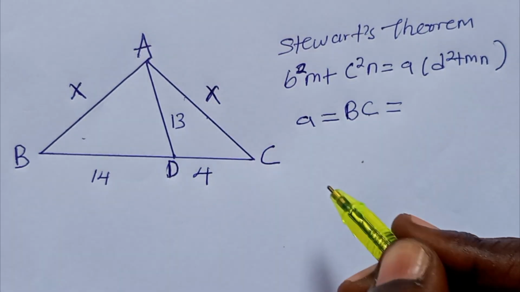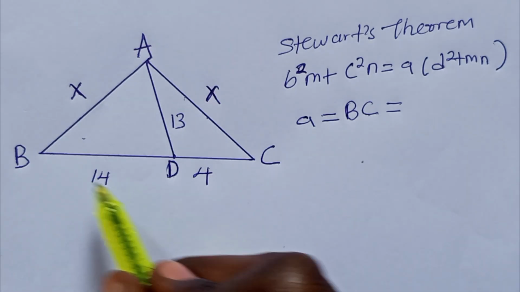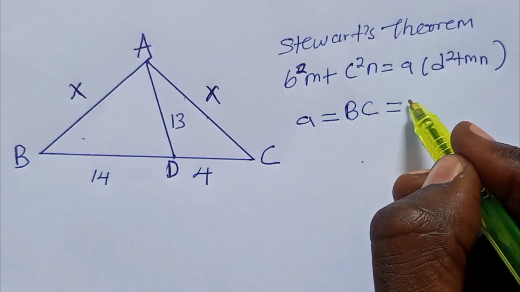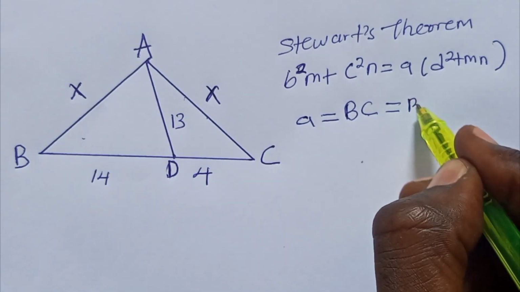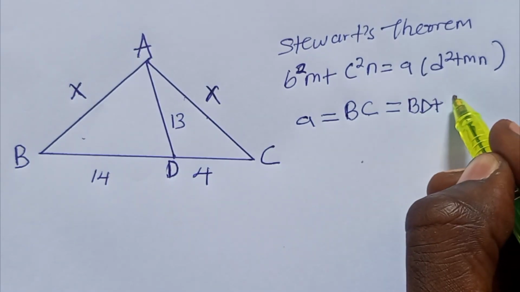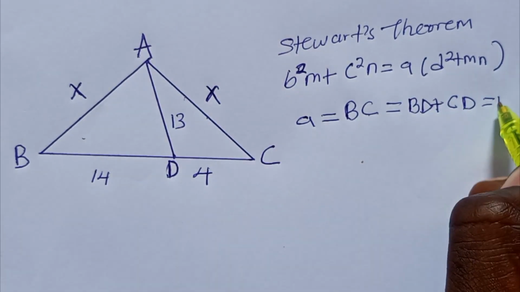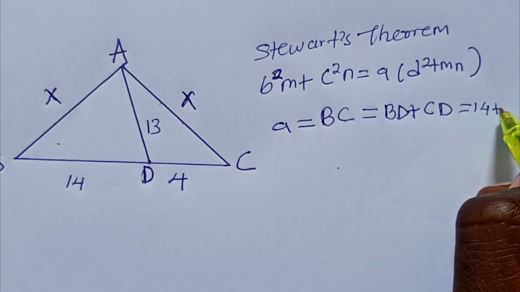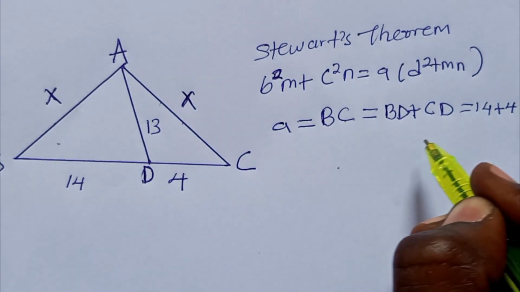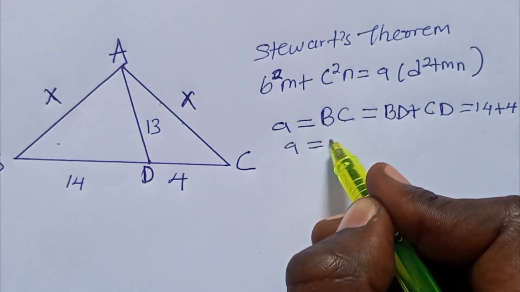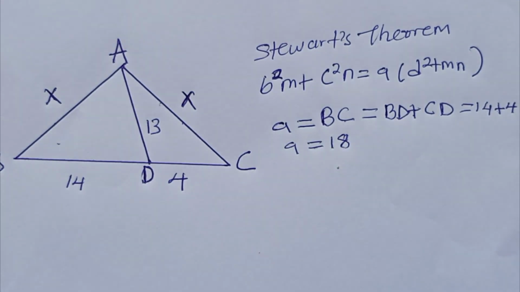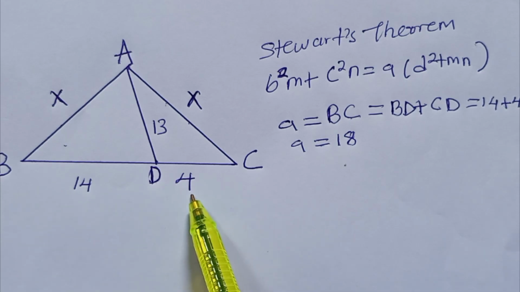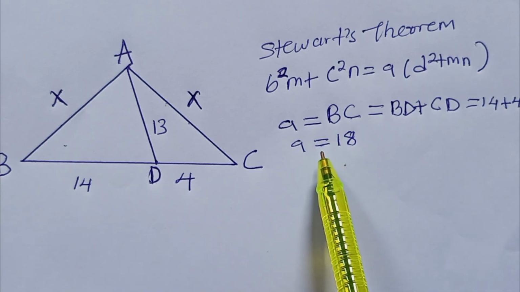You see that the entire base BC is the same thing as BD plus CD, which is 14 plus 4. So our a is equal to 18 because it's the entire base of this particular triangle.